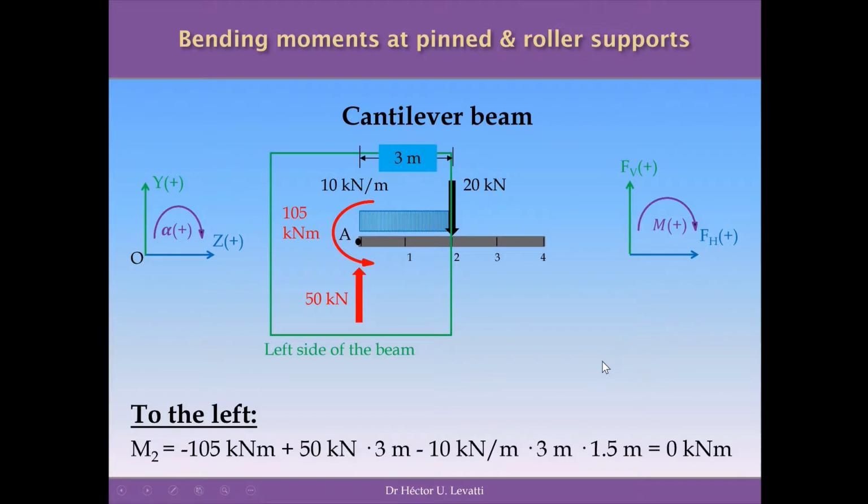If we go to cross-section 2, the left side of the structure now includes the UDL, the moment, and the reaction of 50 kilonewtons at the fixed support.